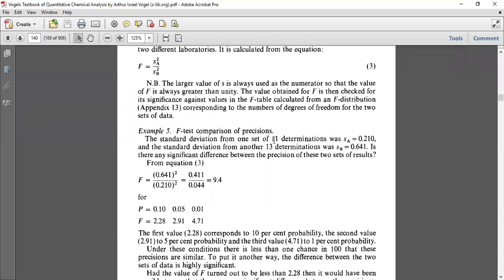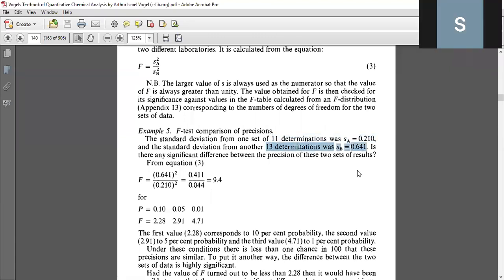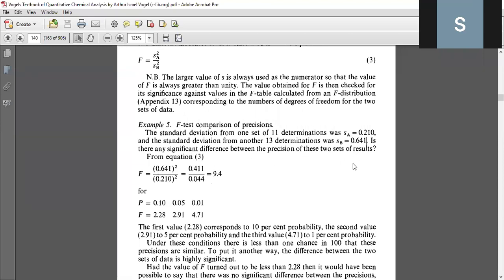For example, one person did this experiment, another person did this experiment, and they got these values, and we have to justify whether there is any significant difference between the precisions of these two sets of results. So what we have to do is substitute these values.